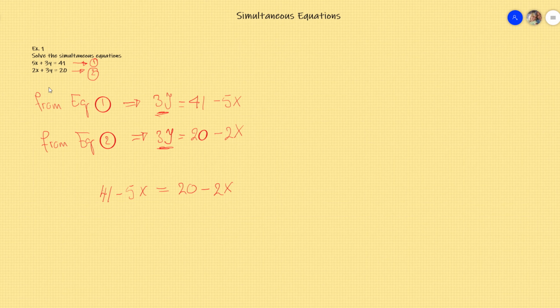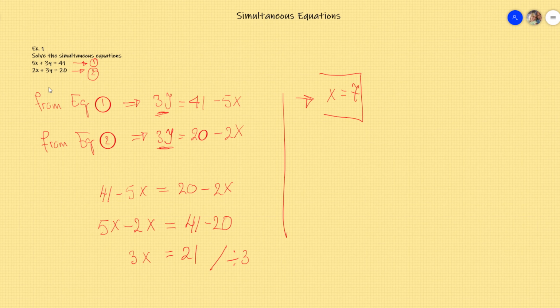So now let's isolate the x on one side and the number on the other side. So we could say that 5x minus 2x is equal 41 minus 20. So 3x is equal 21, by dividing by 3 we get that x is equal 7.